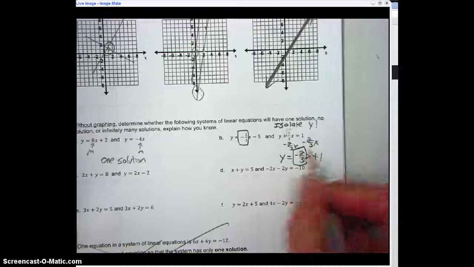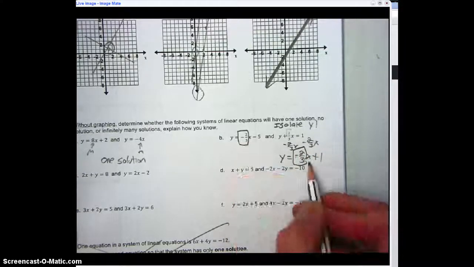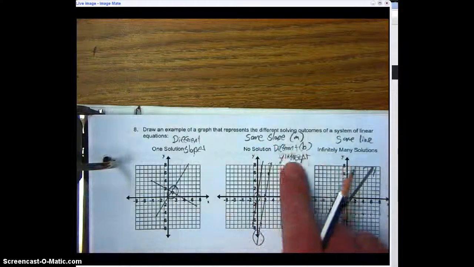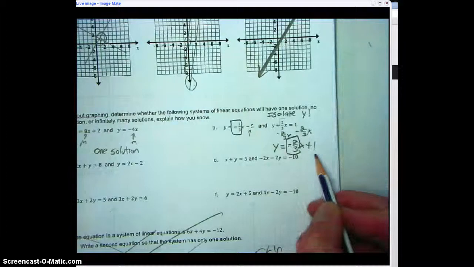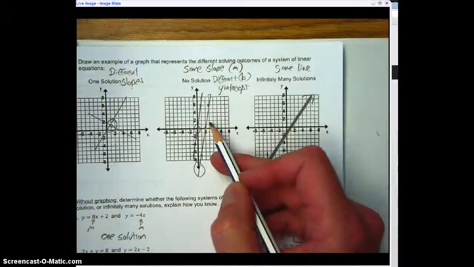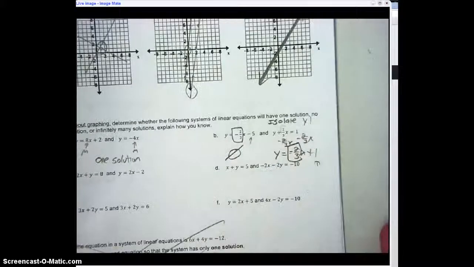Now what do we notice? Slopes are the same. So since negative 2/3 is the same as negative 2/3, if we have the same slope and a different y-intercept, the lines are going to be parallel, so there is going to be no solution.